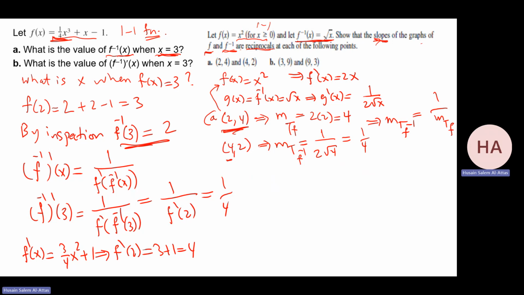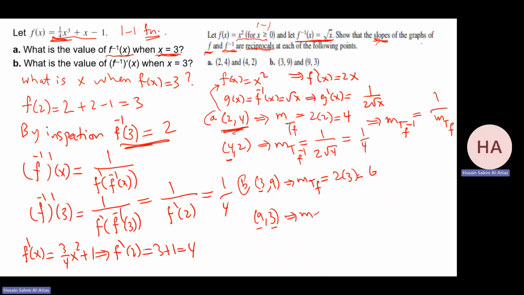Okay, do it for the second example, 3 and 9. I'm working with f. The slope of f will be what? 2 times 3, which is 6. But 9 and 3 will be in the f inverse, where I replace x with y and y with x.